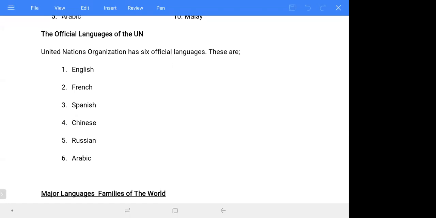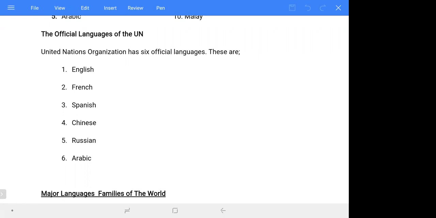Kenya is a member of the UN. Portugal, Spain, USA, Canada, Australia, about 200 countries in the world are members of the UN. They have different languages, but for official activities, the United Nations uses 6 languages.